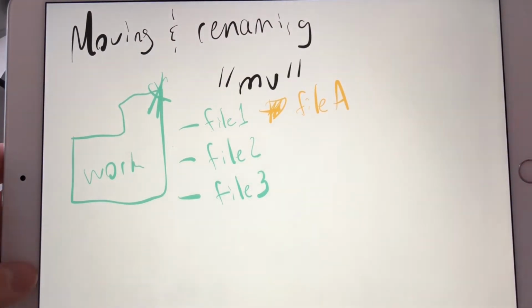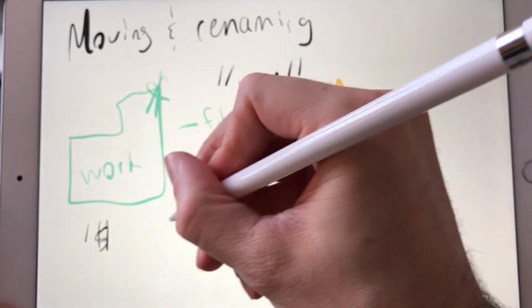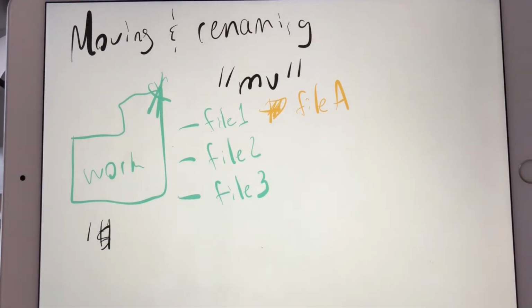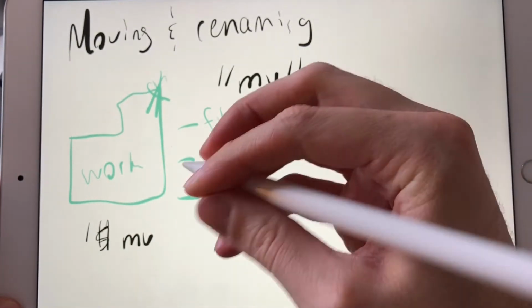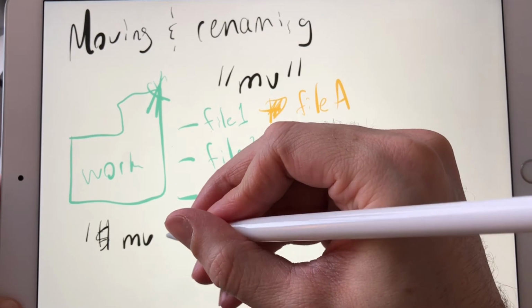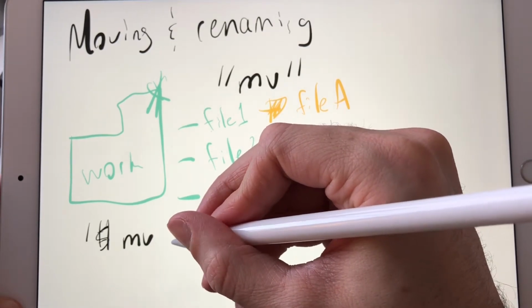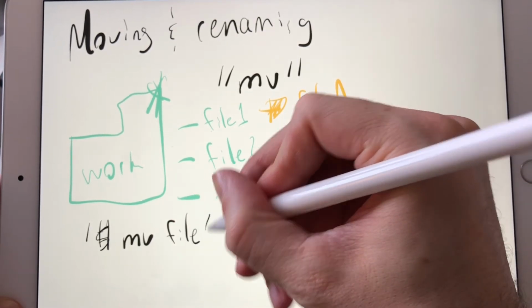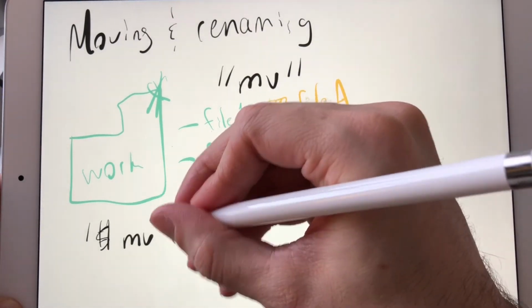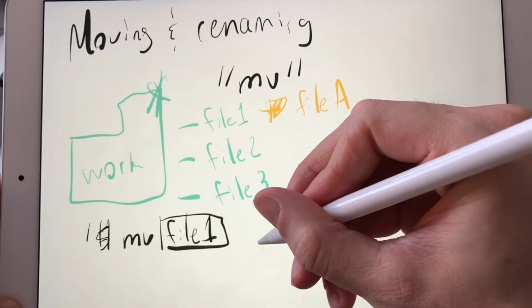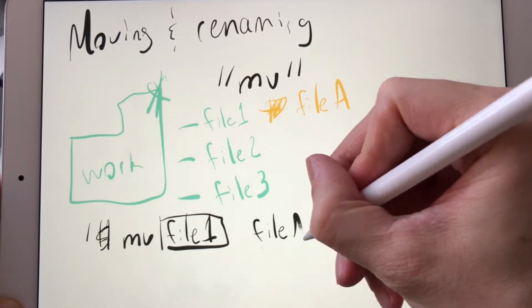We can use command line to say, and again, we do not type the $, it's just a signifier that we need to type this inside of terminal or command line, mv space what file we want to change, which currently is file 1, another space, and what we want to change it to, which would be file A.